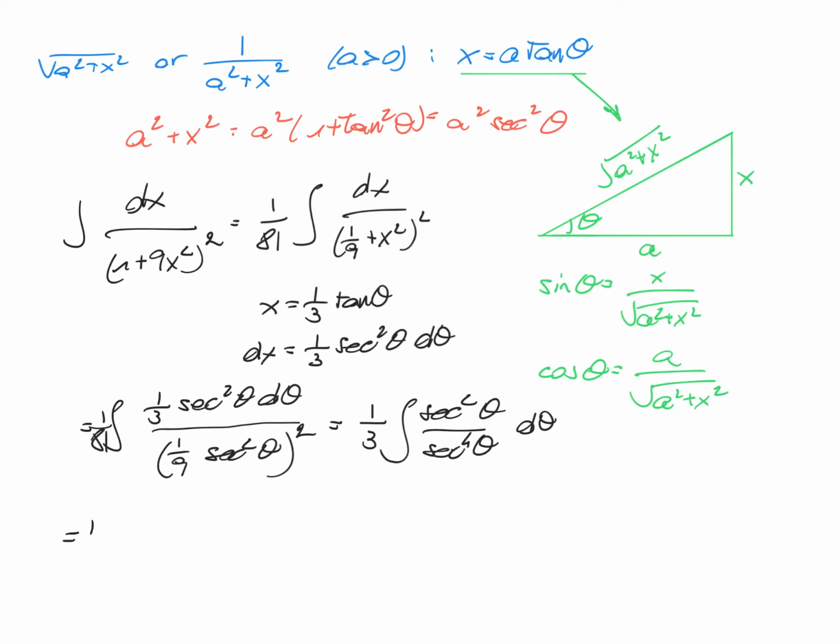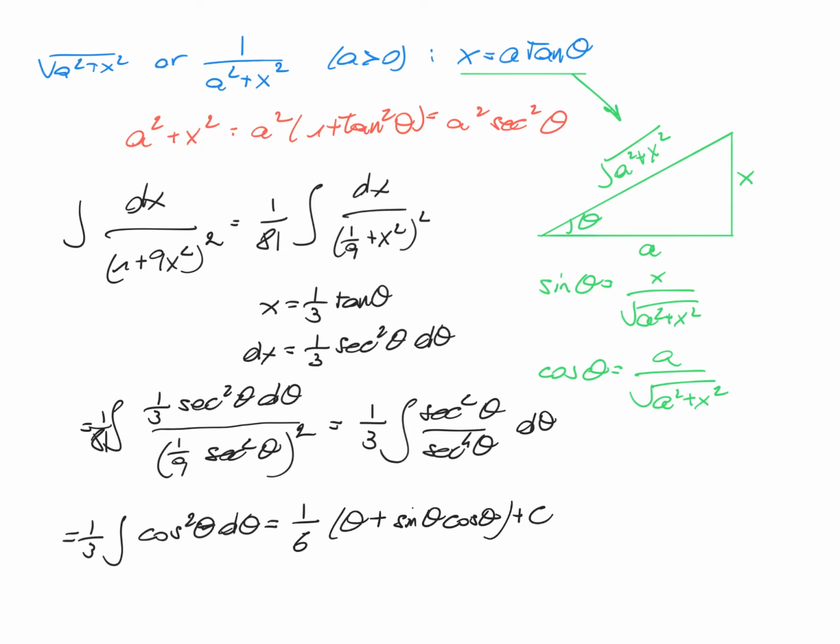So it is then 1 over 3 times the integral of 1 over secant squared, so cosine squared of theta d theta. Then we saw previously with the trigonometric integrals what the integral of cosine squared is. So this becomes 1 over 6 times (theta plus sine of theta times cosine of theta) plus a constant.